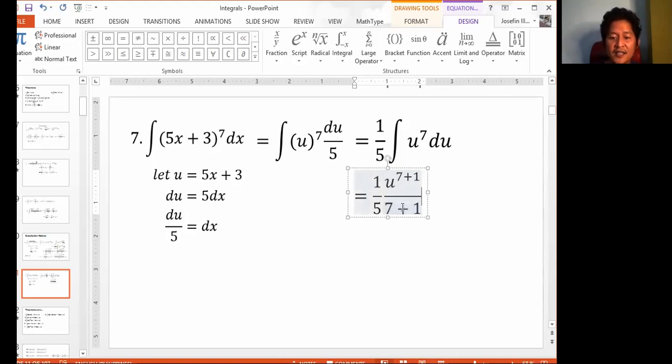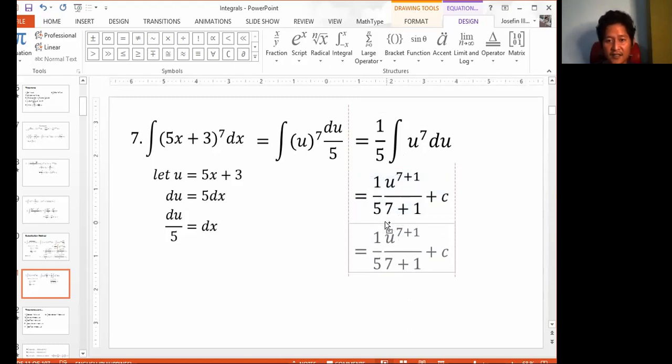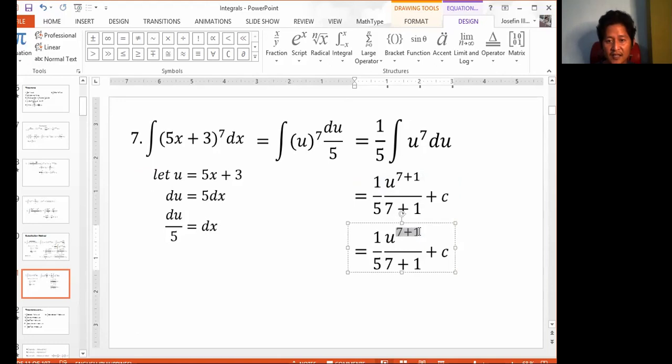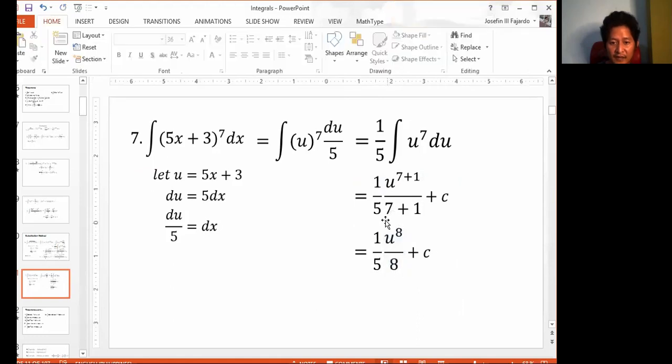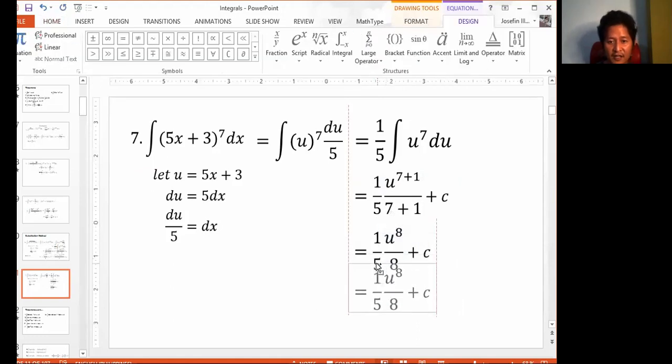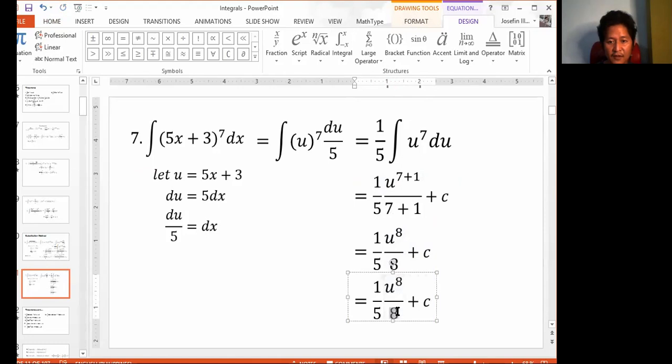And then plus constant c. Okay? So, let's just rewrite this. This is just simply 8, or this will be 8 also. Then multiplication: let's multiply 5 and then 8. So magiging ito ay 40. Tama? So 1 times u to the 8 is 1, and then 5 times 8 is just 40. That's why we have it.